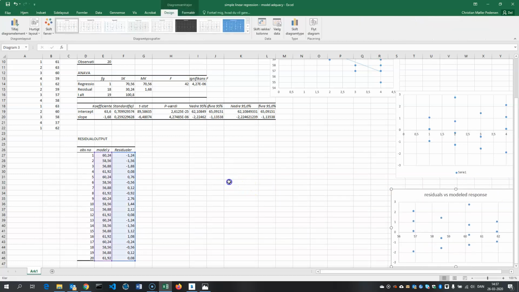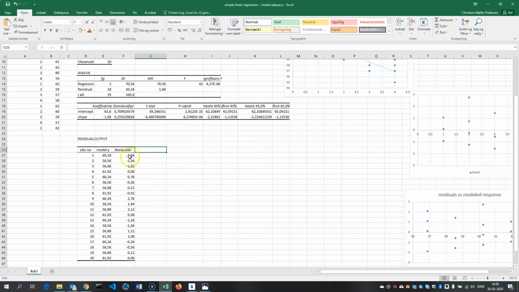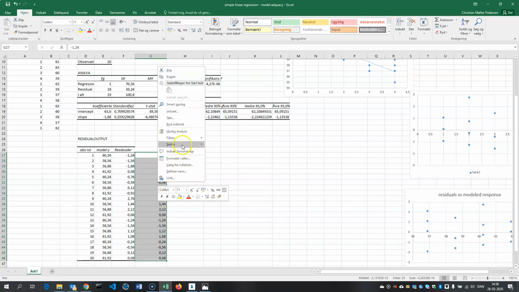And then we want to make a normal plot of the residuals. So first thing we have to do is to take a copy of the residuals, because we need to sort them over here. And I'll mark these, right click and choose sort, starting with the least one first.